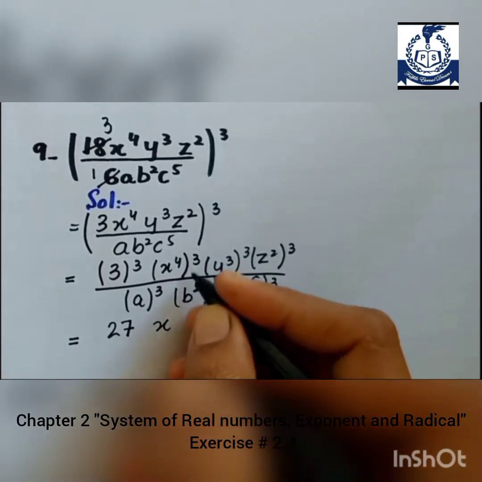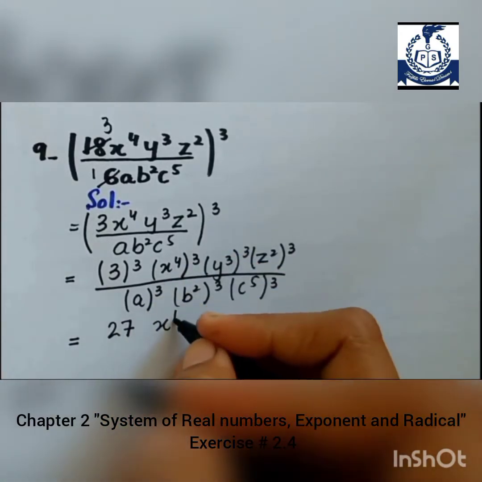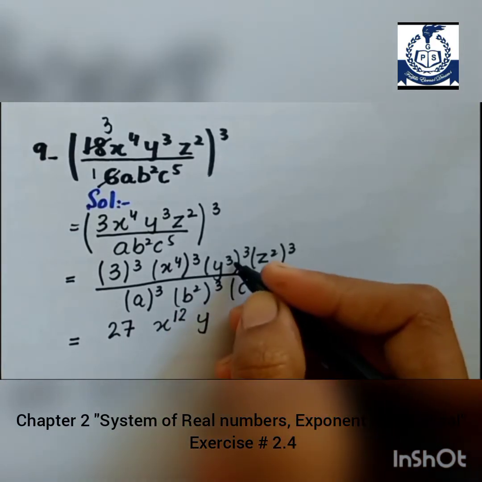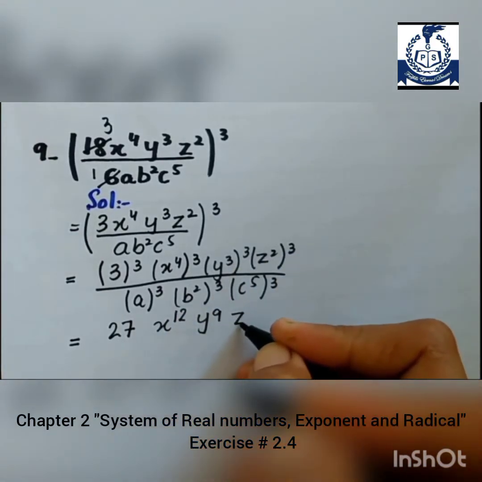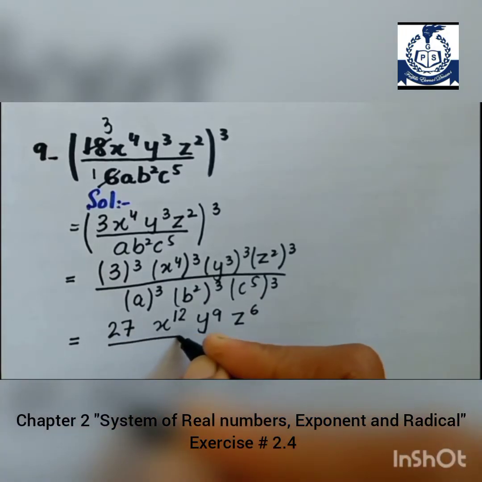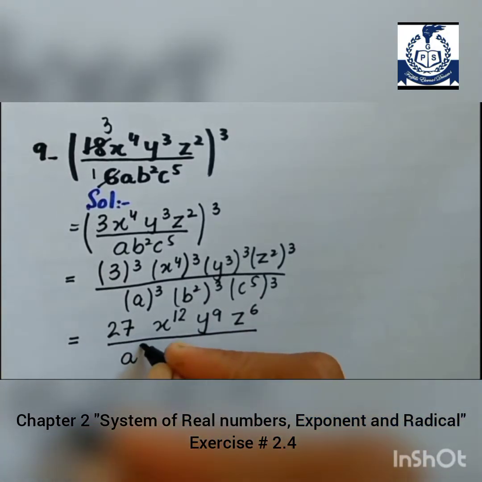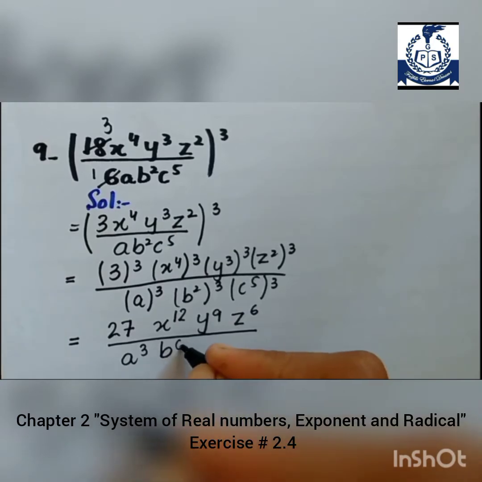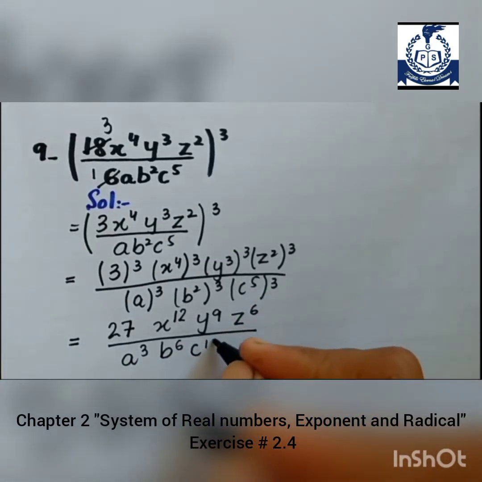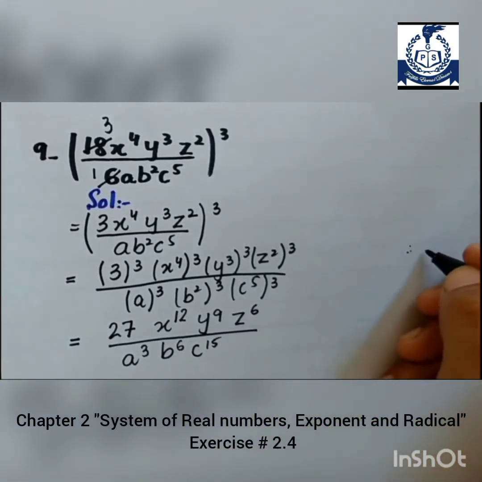X 4 multiplied by 3, so x 12. Y 3 multiplied by 3, so y 9. Z 2 multiplied by 3, so z 6. A cube, B 2 3s are 6, B 6, 5 3s are 15, so C 15.